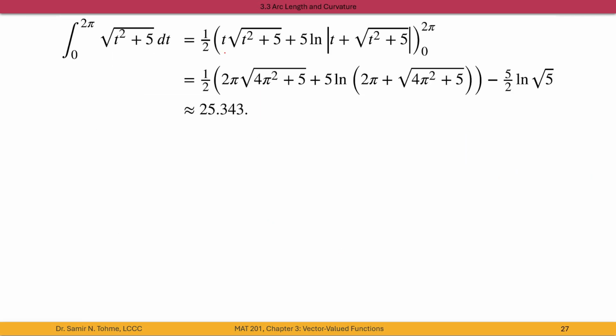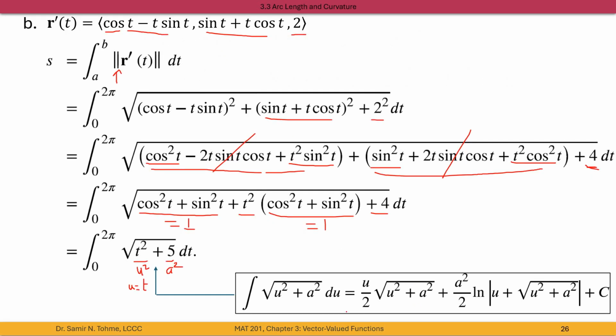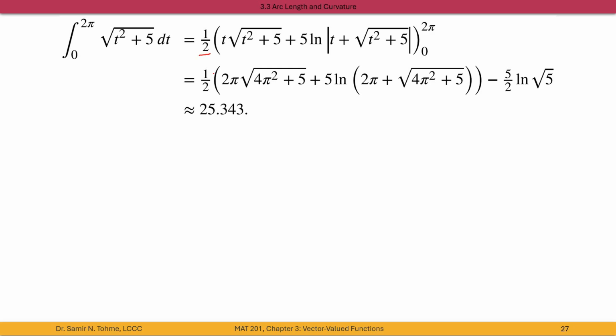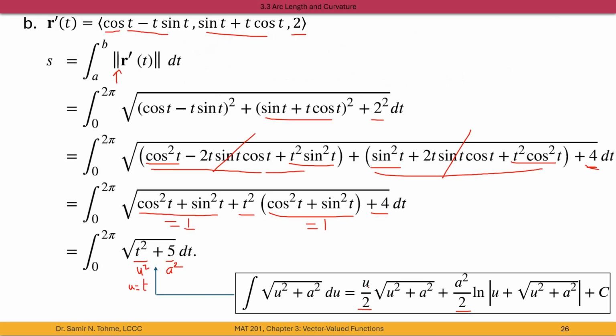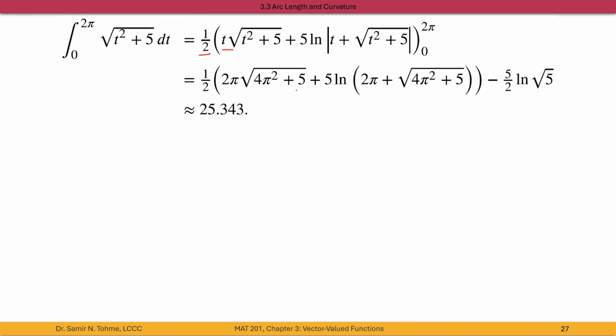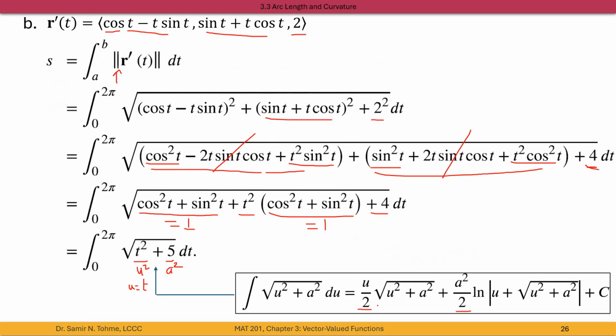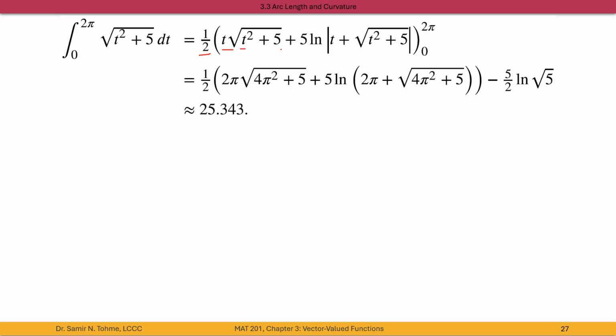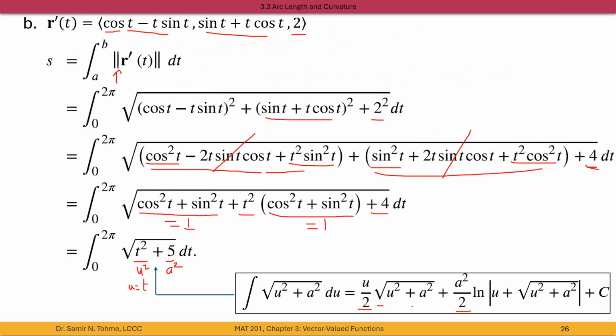So replace it. First of all, we will factor out 1 over 2. We will write it here. What we have inside is u, which is t, times radical u squared plus a squared. This is the radical of u squared plus a squared. Now for the second term, we have a squared.